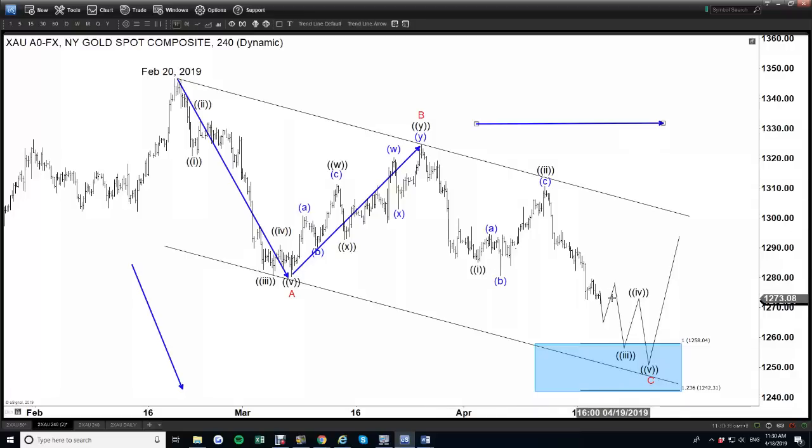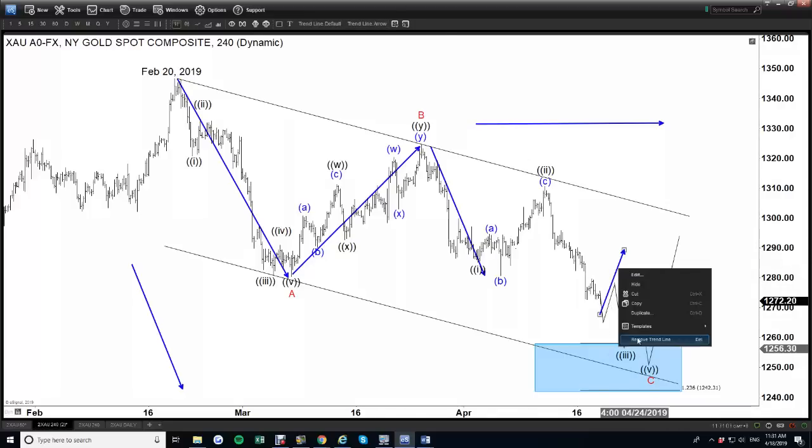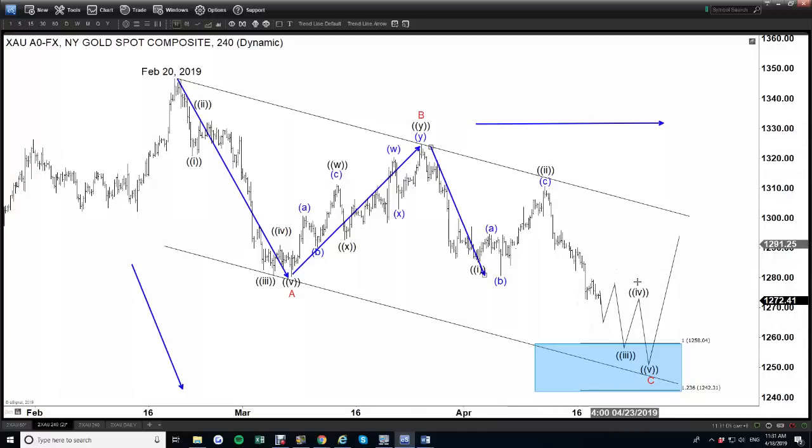The subdivision of the C leg needs to be 5 waves. So far I can only see 3, honestly, and so chances are you're going to see one more leg lower at least, so that you can clearly see 5 waves down.